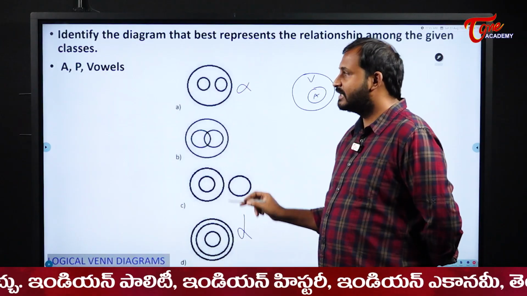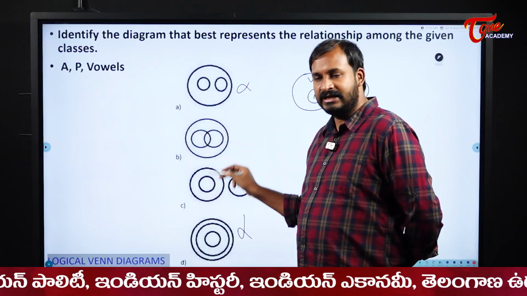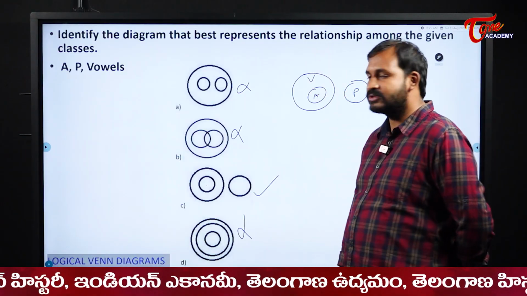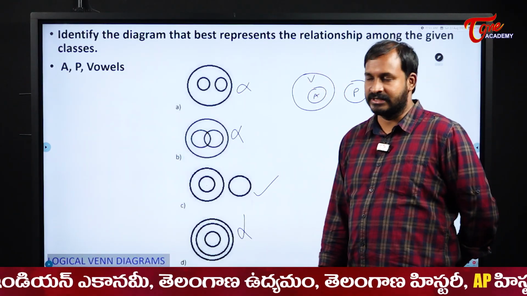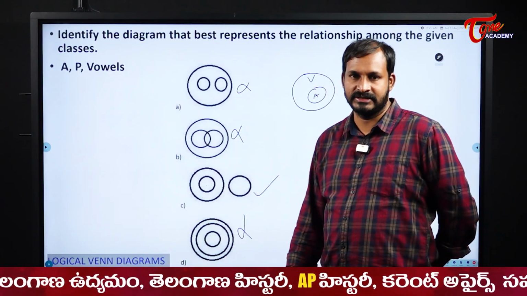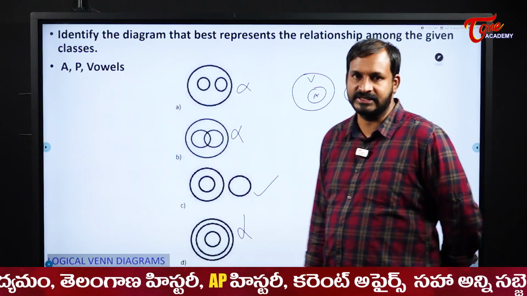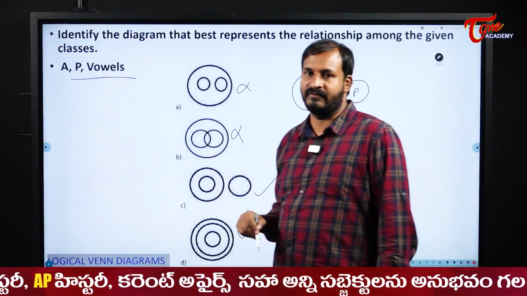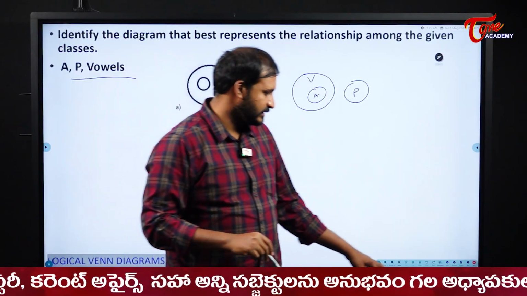No. Are vowels, A and P intersecting? No. So our answer here becomes option C. A will be inside vowels and P will be outside of vowels. So our answer here becomes option C. A, P and vowels, based on alphabets. Next one.